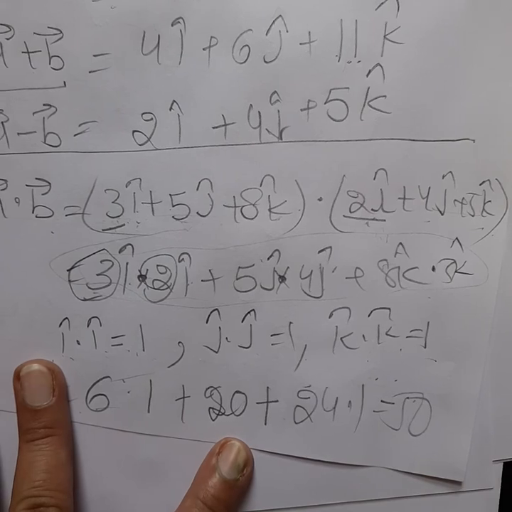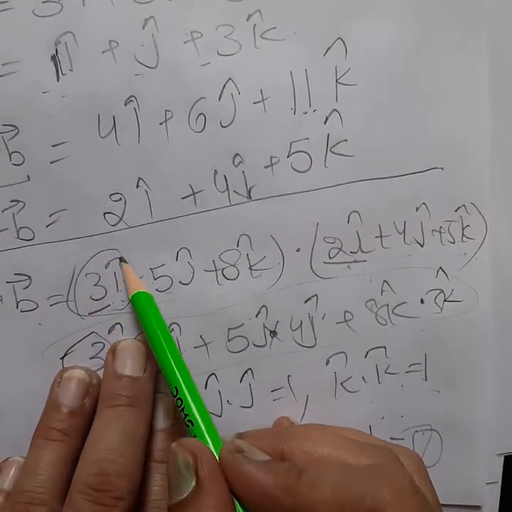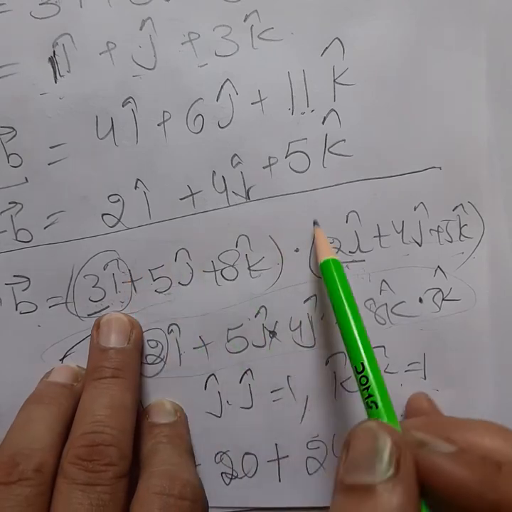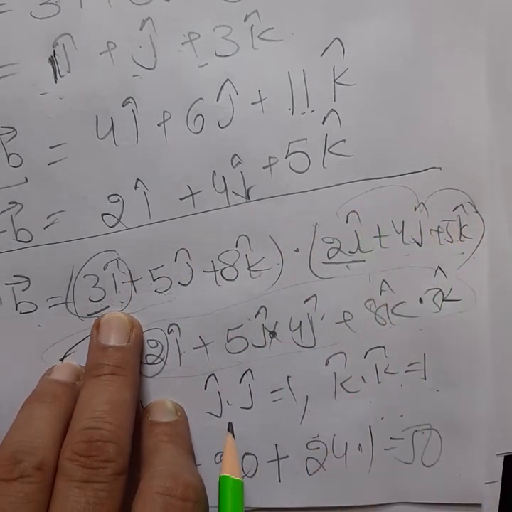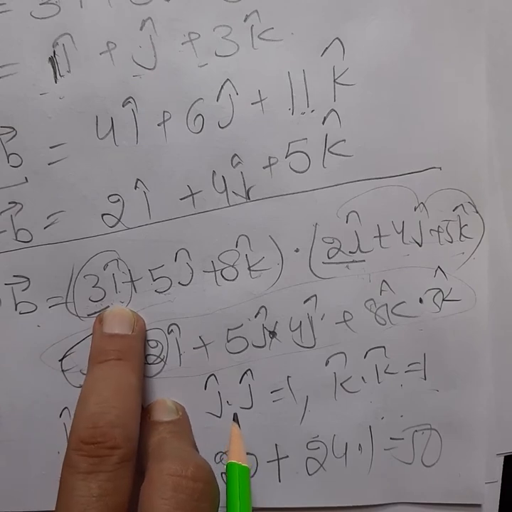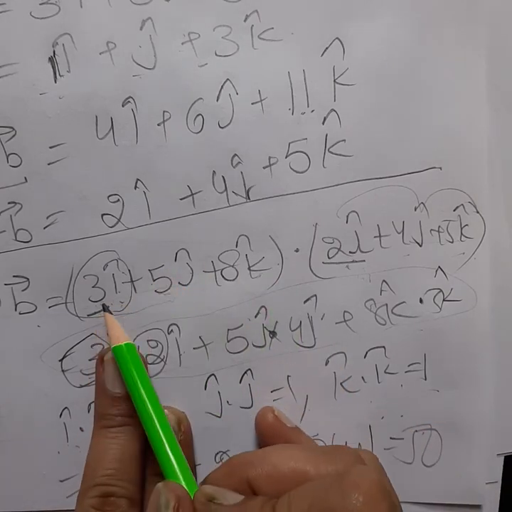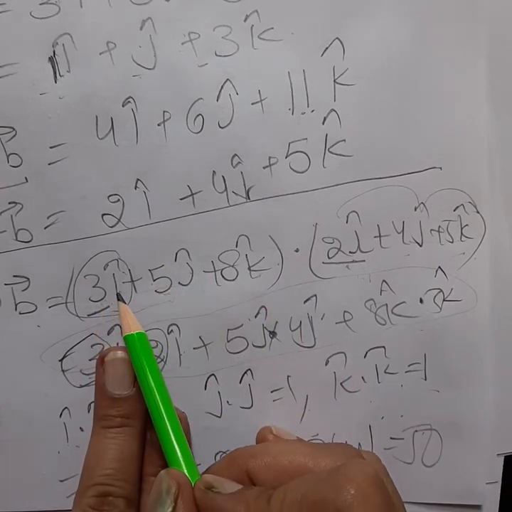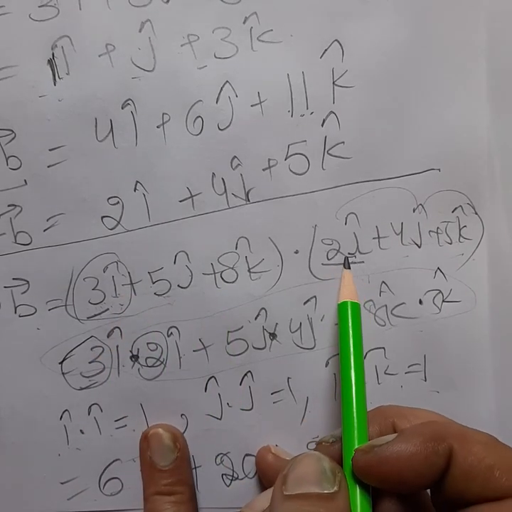Now your question is that when we multiply 3i, then we multiply this component with the three components. This is the way of multiplication when we are solving the brackets. I know that your question is absolutely right. But when we multiply i with i, then we get 1 in the dot product.